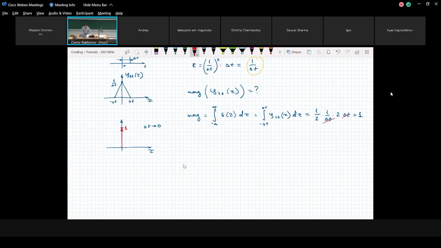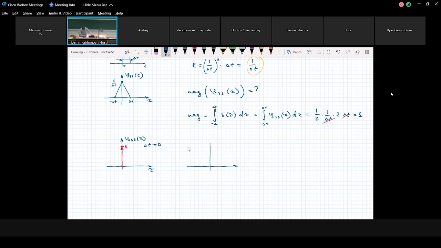And this is the proof that for a delta pulse, the autocorrelation is another delta pulse with squared magnitude. And the last step, we take this autocorrelation function and find the energy spectral density.